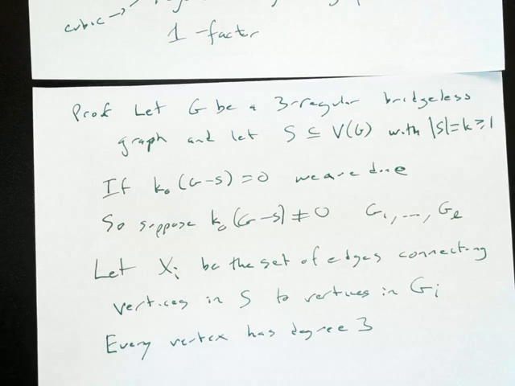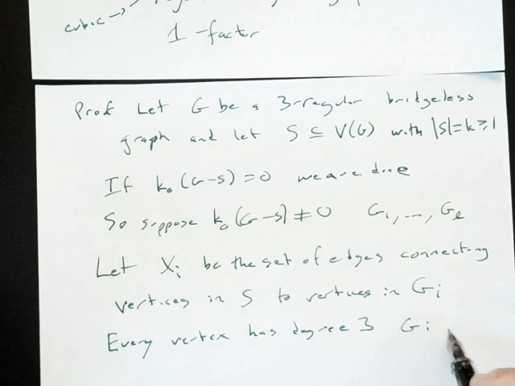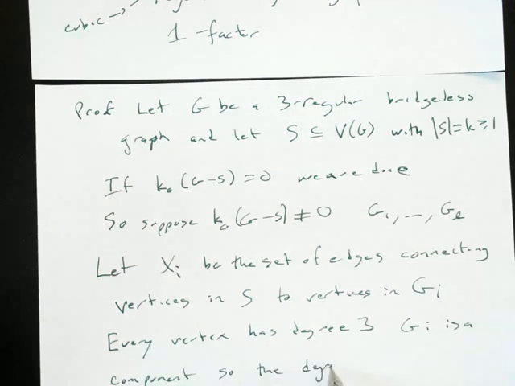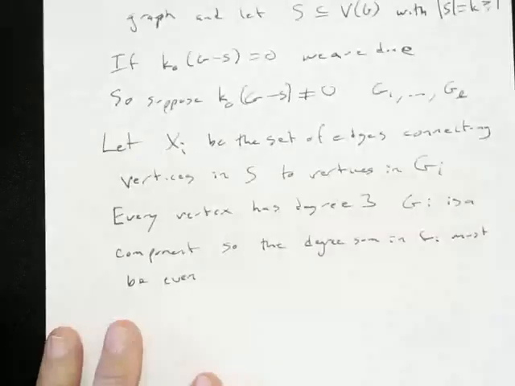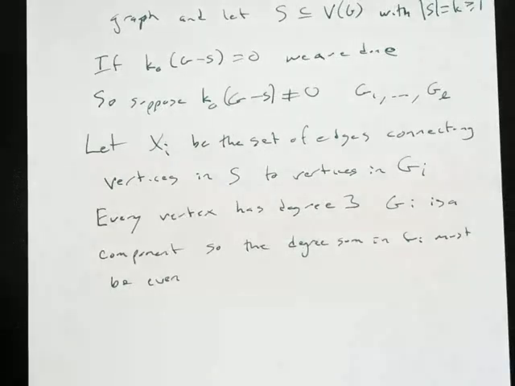Total sum of the degrees must be even. Wait a minute. What does that tell me about the number of edges I took away?